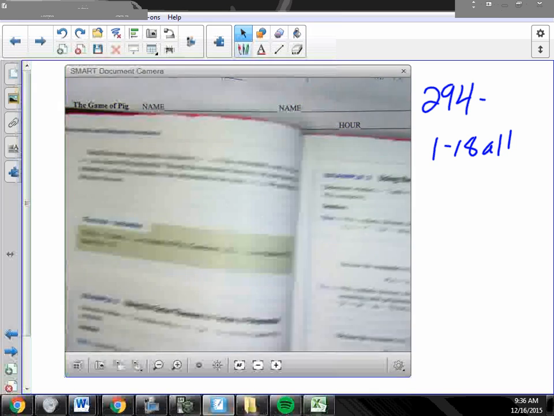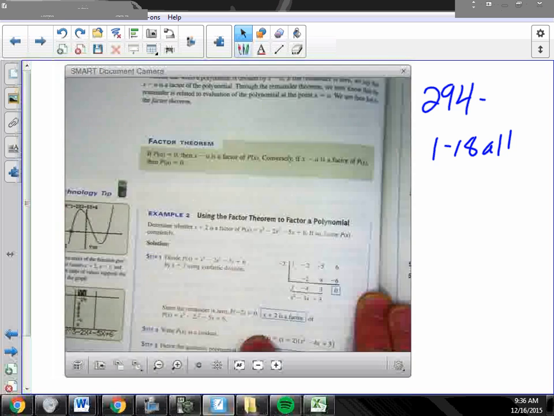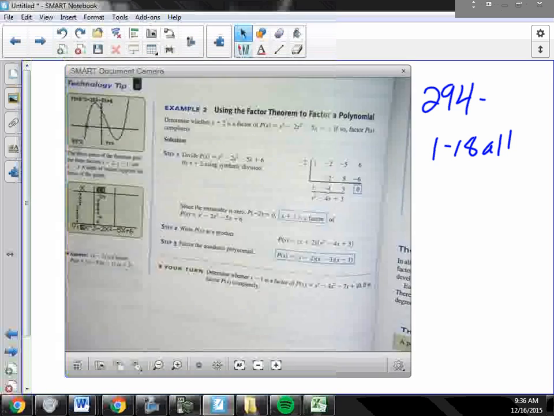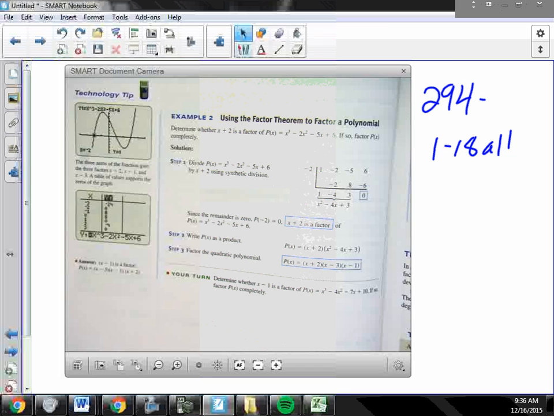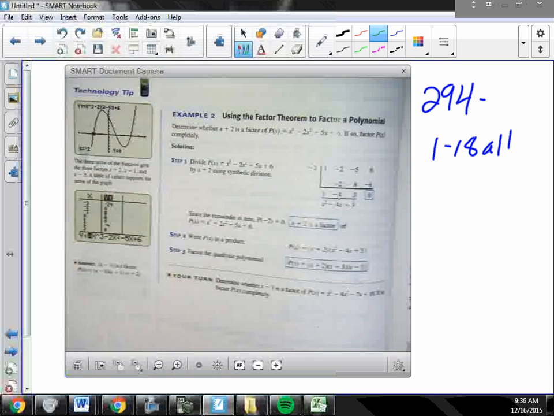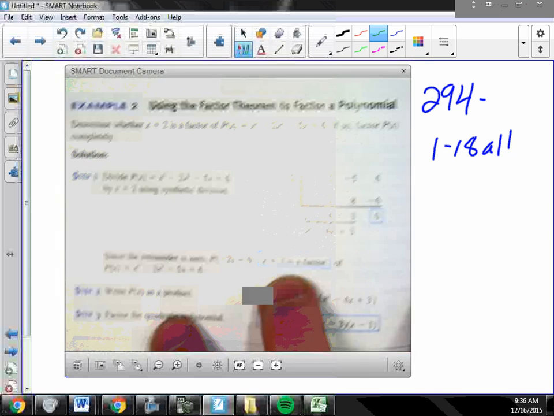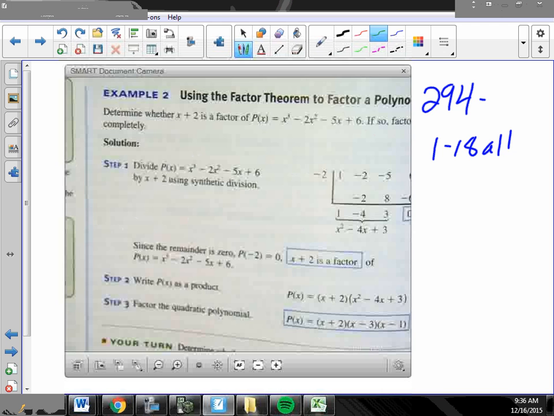So if you look at page 282, example 2, we have an x to the third equation, and it says, determine whether x plus 2 is a factor. If so, factor completely.